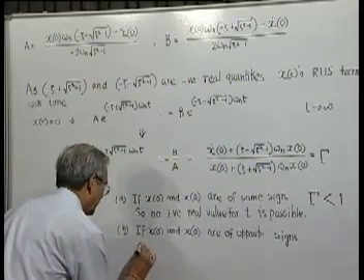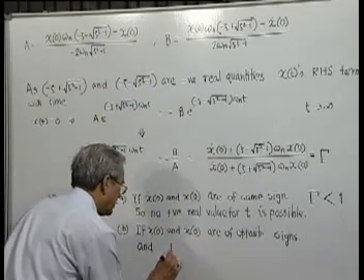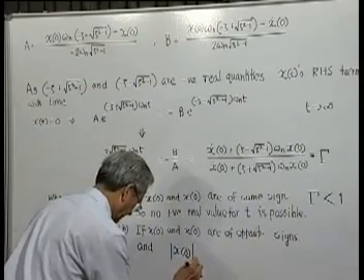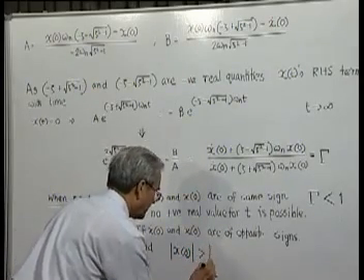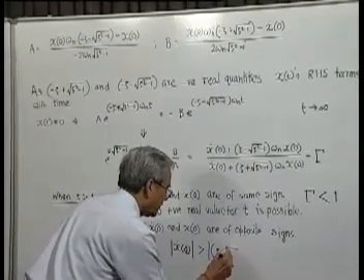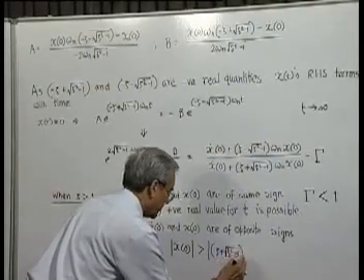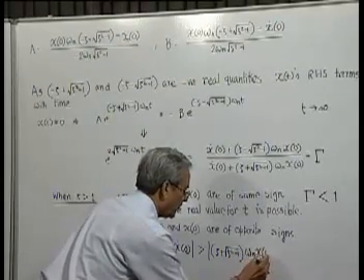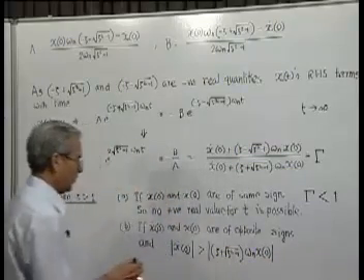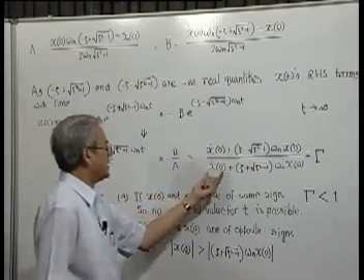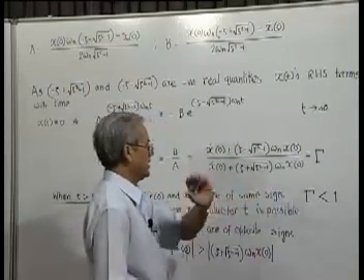and the magnitude of x dot 0 is more than the magnitude of this, then what happens? So that means the magnitude of this is more than the magnitude of this.